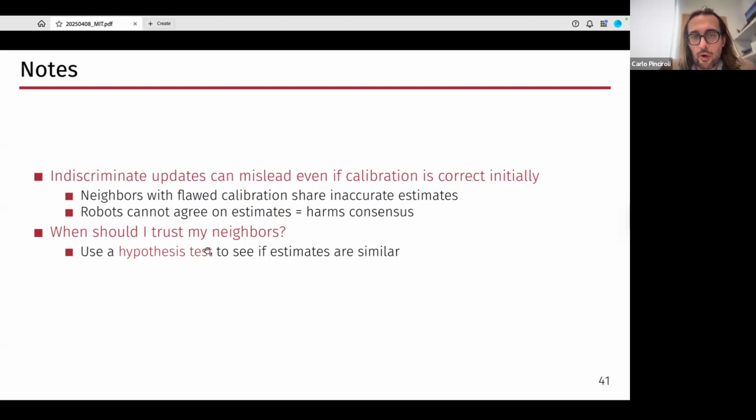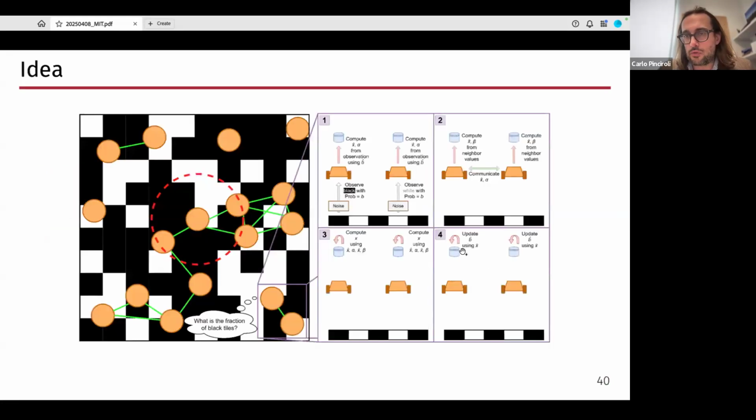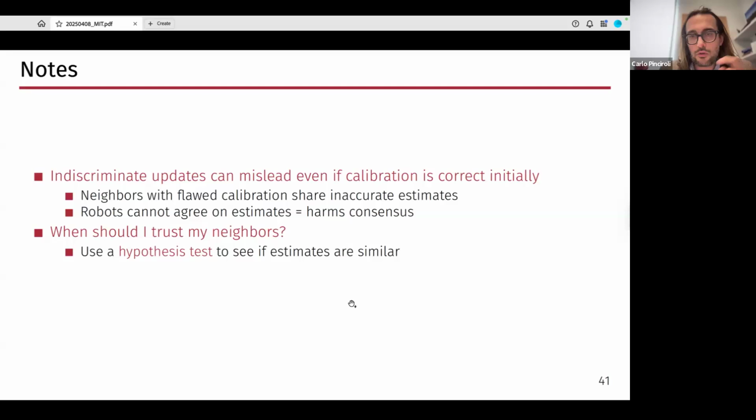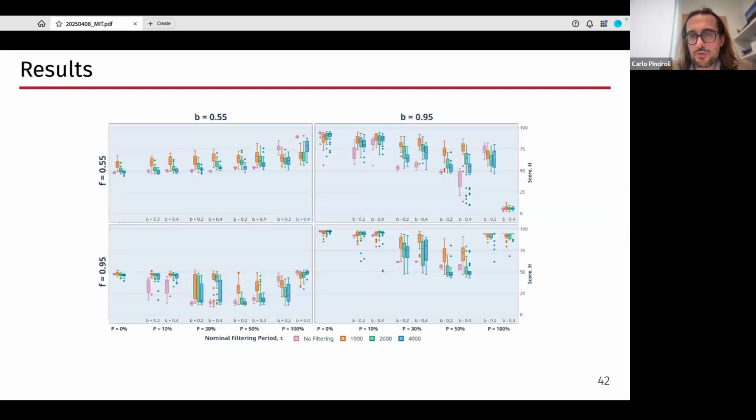So we solved both problems with a hypothesis test. Basically we used ideas from hypothesis testing to say, first of all, do I trust myself? And if I do trust myself, I do not execute the fourth step. But if I don't trust myself, then I do execute the fourth step. And then when I do execute the fourth step, who do I listen to? I use the same hypothesis test to basically filter my friends and only take the people that I trust the most.